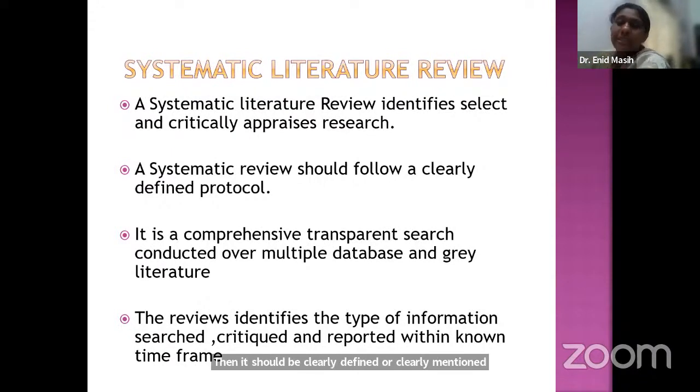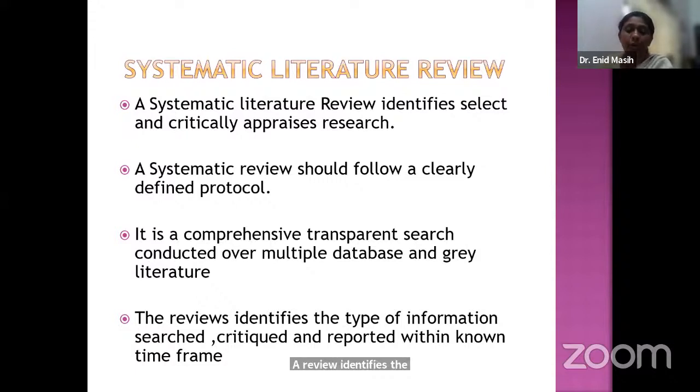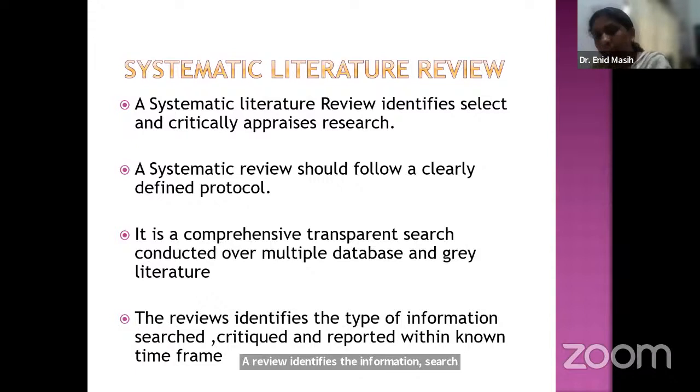It is a comprehensive, transparent search conducted over multiple databases and grey literature. A review identifies the information searched, critiqued, and reported within a time frame.